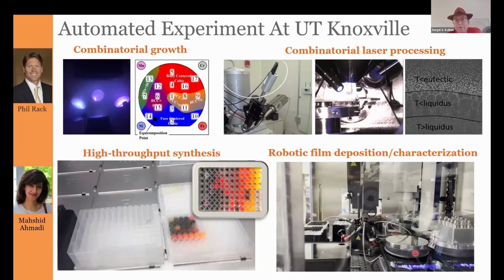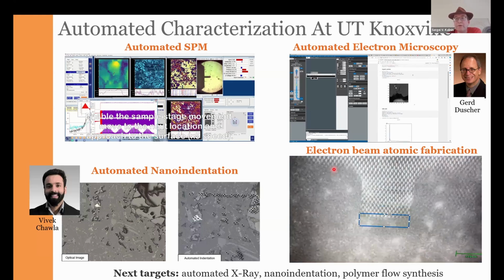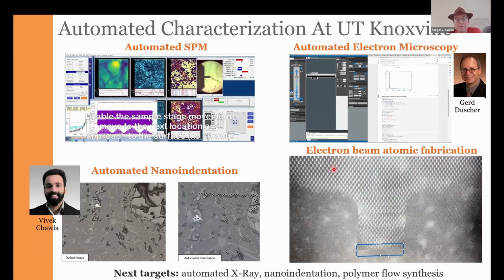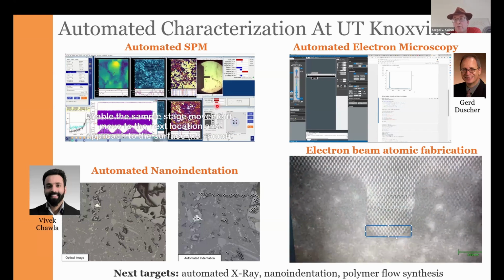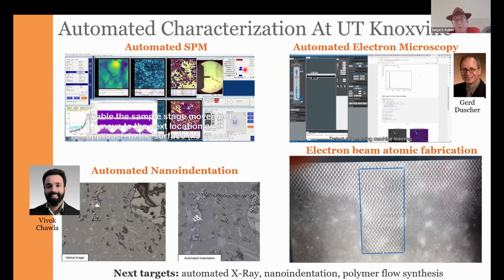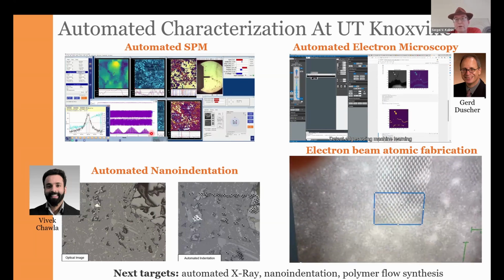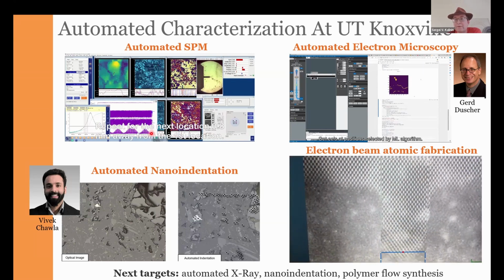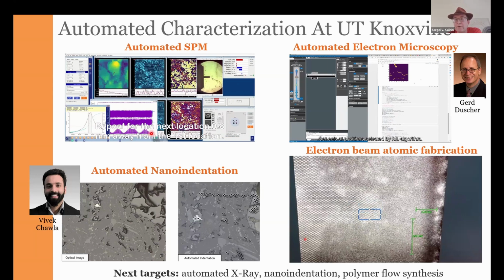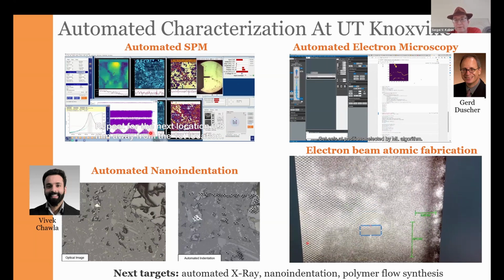Once I joined the University of Tennessee, my focus has been on the development of automated characterization capabilities. My group works on scanning probe microscopy. We integrated the SPM with the UT supercomputer, so we can send the data to the supercomputer, analyze it, and return the control signals back to the system.